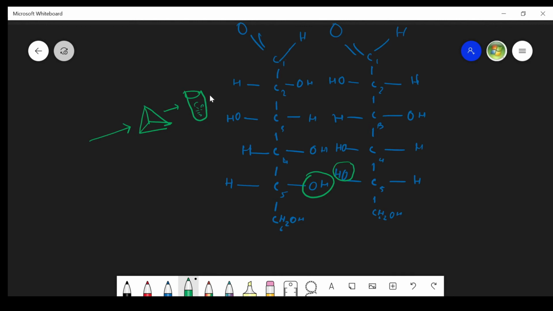The light will be deviated on the right side, whereas if it deviates on the left side, then we call it L glucose, and if it deviates on the right side, we call it D glucose. So this deviation is taking place on the right hand side, so it is D glucose, and if it deviates in the left side, then we call it L glucose.